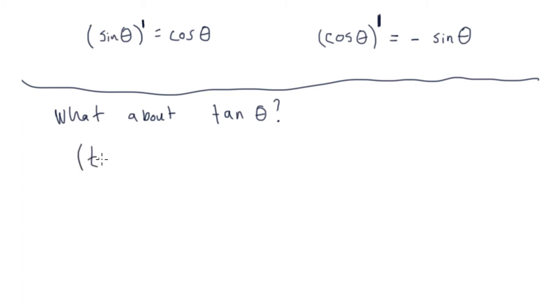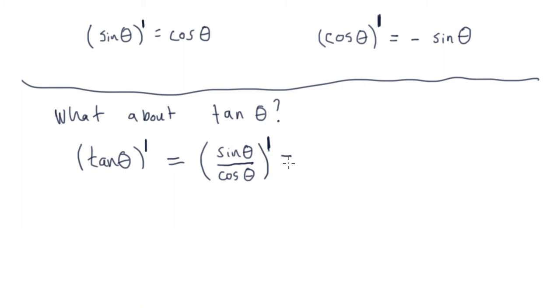Well, here's the key idea. What is tangent theta? Tangent theta is just sine theta divided by cosine theta. So I can actually just apply the quotient rule because tangent is a quotient of sine and cosine.